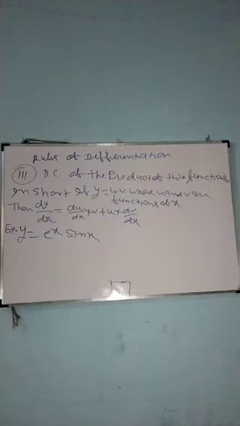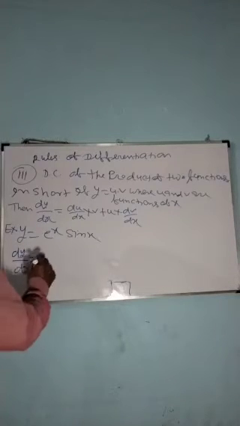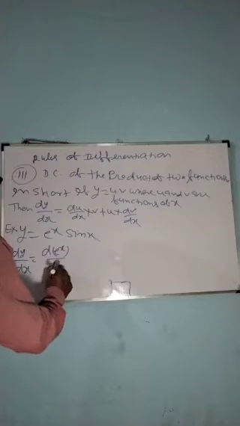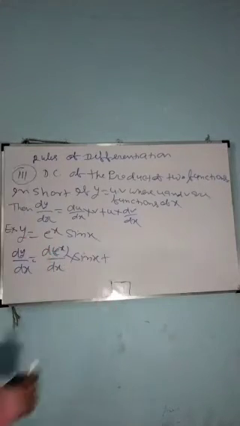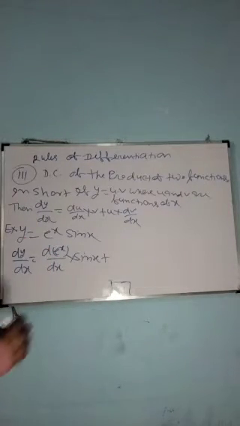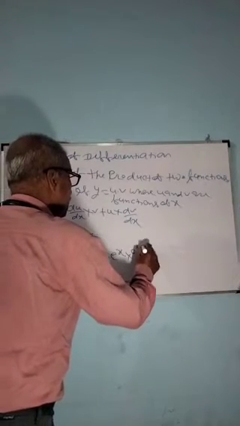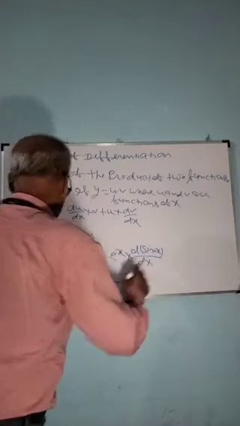How we obtain? dy by dx is equal to d e^x by dx into sin x plus e^x into d sin x by dx.